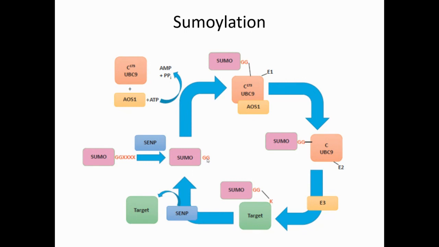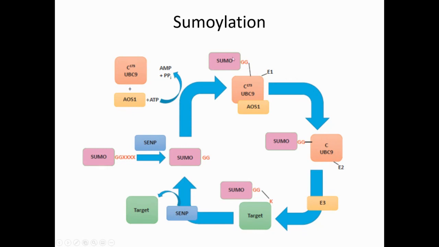This SUMO is then activated by the E1 enzyme. This is an ATP dependent reaction, so that the SUMO is transferred to the catalytic cysteine residue of the E2 enzyme.